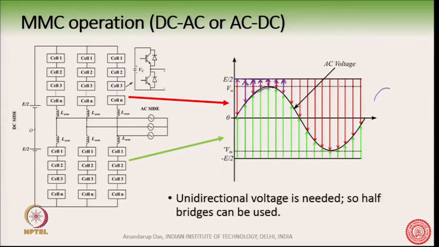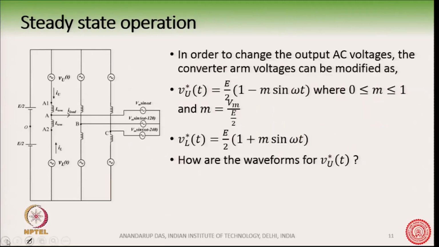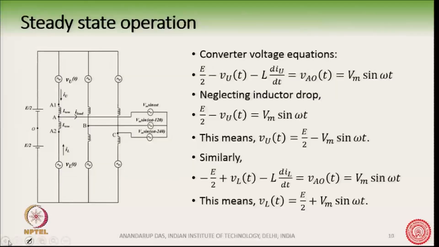Since the AC waveform is available here and we are trying to produce a DC, the arm voltages are now commanded to produce such a voltage. Again, this is perfectly consistent with the equations of the arm voltages, you can check it up.